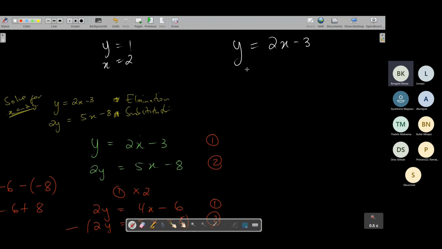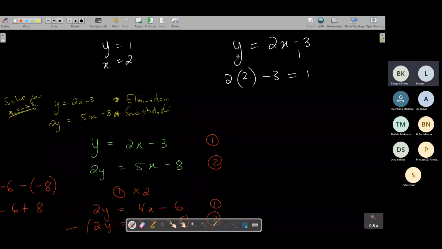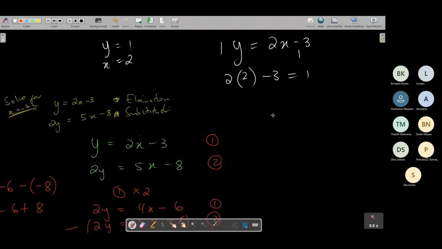Let's plug in and see if the left equals the right. 2 times 2 minus 3 is 4 minus 3, which is 1. So this side gives us 1. What's our y value? 1. So 1 equals 1. So that's fine.